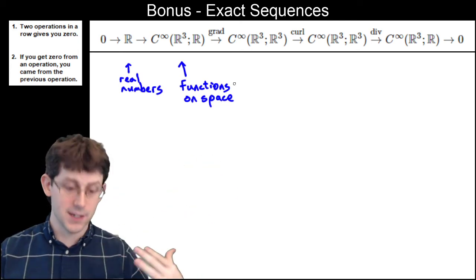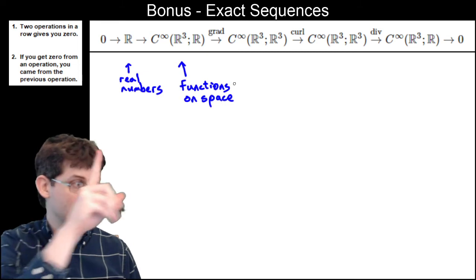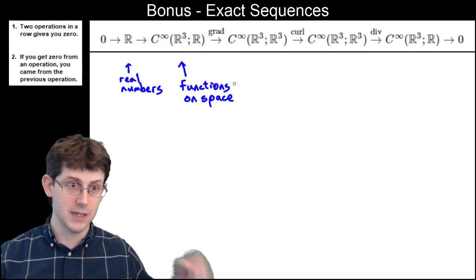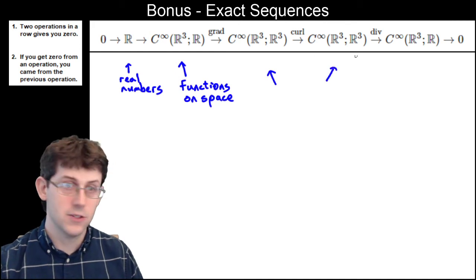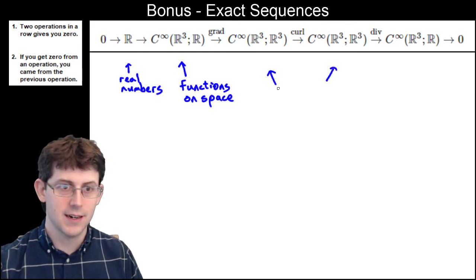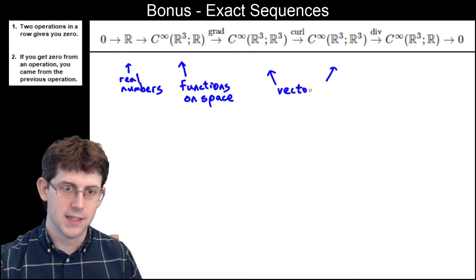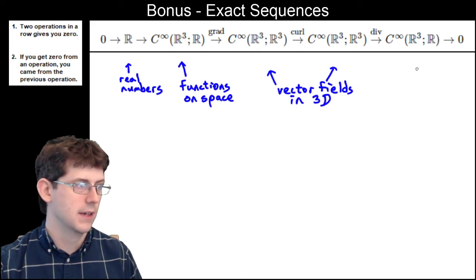The temperature function in space is one of these things. That's C infinity from R3 to R. These things are 2 copies of the same object. These are vector fields in 3 dimensions. And then this one is back to functions again.